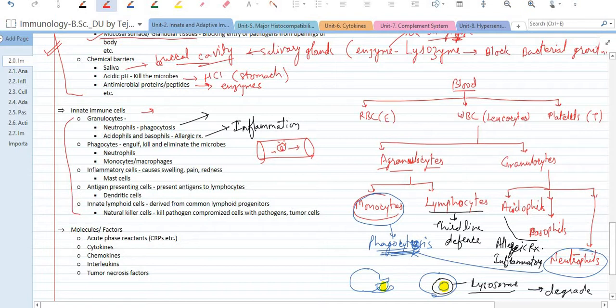But whenever it finds a pathogen, it goes there, engulfs the pathogen and kills it. So it can work in the blood as well as outside the blood.